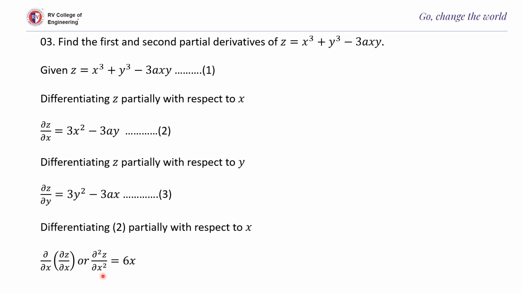The differentiation of the RHS gives the differentiation of 3x², which is nothing but 6x, and the differentiation of 3ay will be 0 because none of the x terms are present here. Therefore, the second order derivative zxx will be equal to 6x.